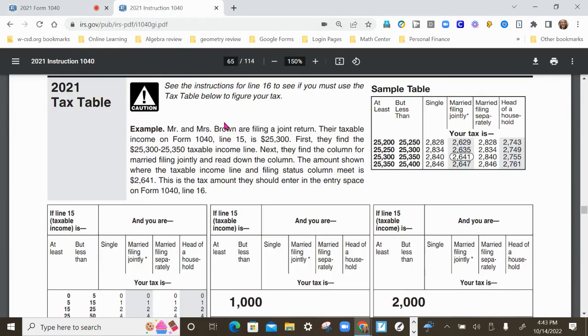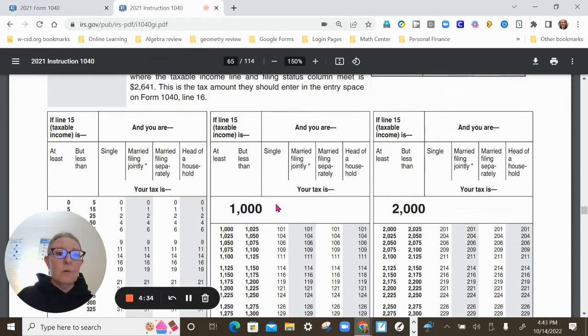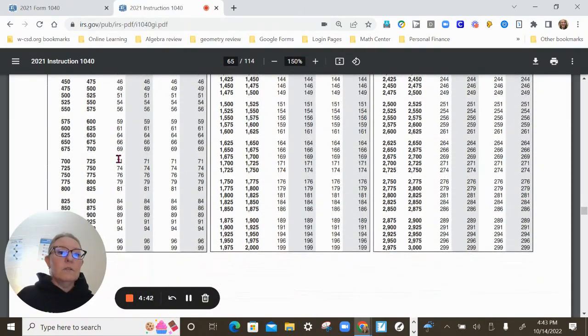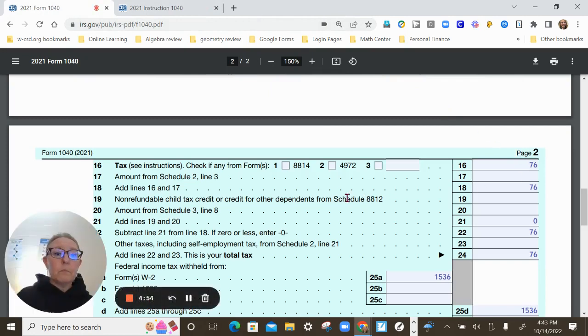So I'm going to look at the form here for tax table. Notice it has the filing status. We're looking at single, and we're going to look for the amount of money. So $762 is between $750 and $775. So here is how much she owes, $76. So we're going to go ahead and fill that in.